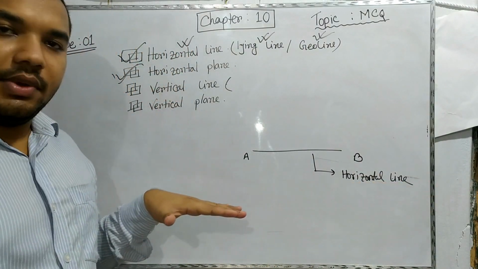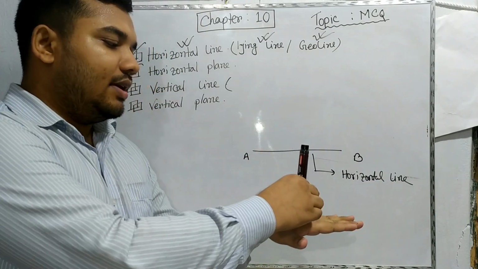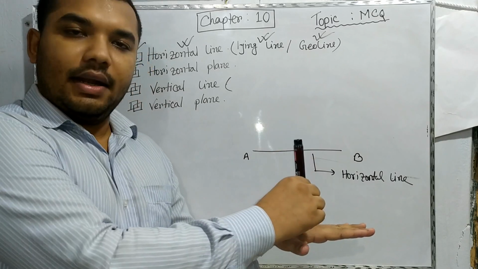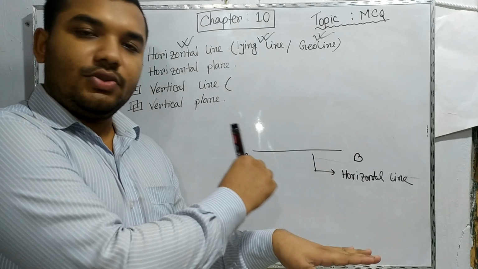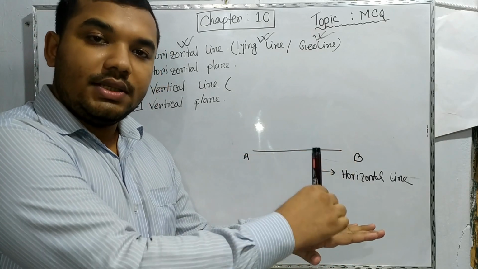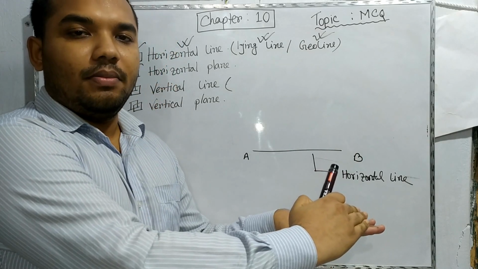In this surface, generally called the horizontal plane, the tree generally remains vertical on that ground. That's why we can say that the tree is the vertical line on the horizontal plane.